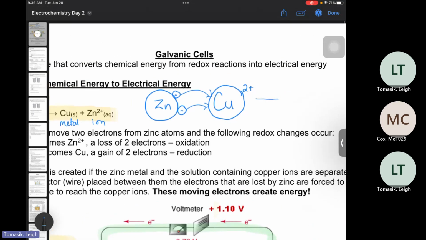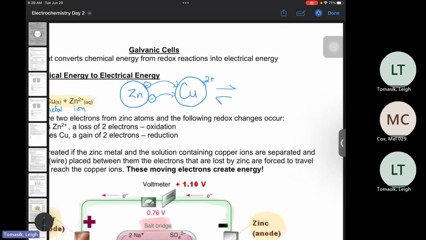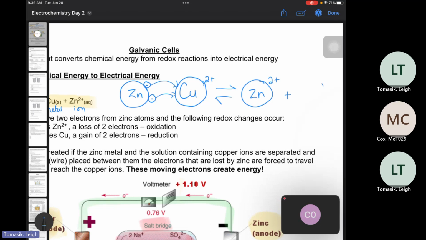And then zinc, because it's now losing 2 electrons, will become an ion. And copper, because it's gained 2 electrons, we'll show the electrons here, is going to be an atom.